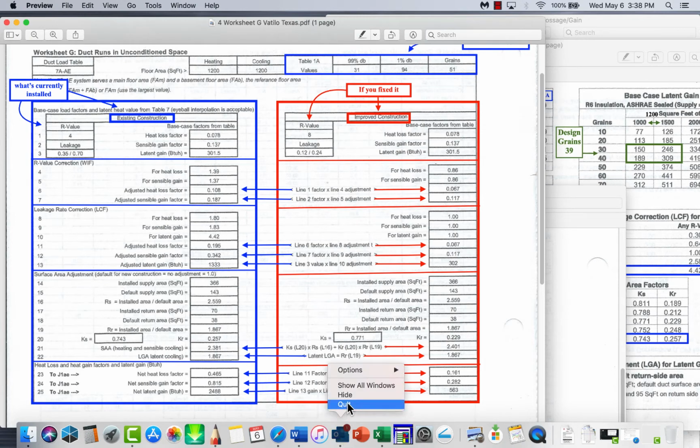Like I said, our KS line 20 times our RS line 16, so times this one here, plus add the KR, which is right here, line 20, times the line 19, which is this one right here.